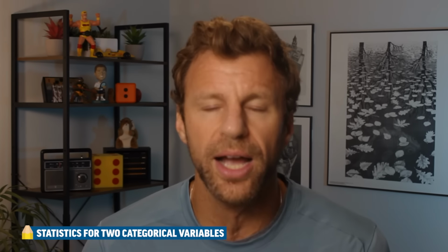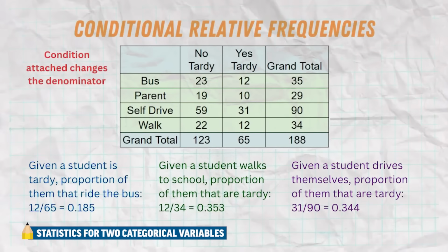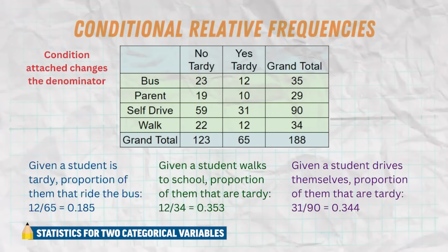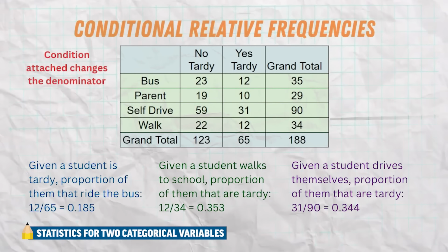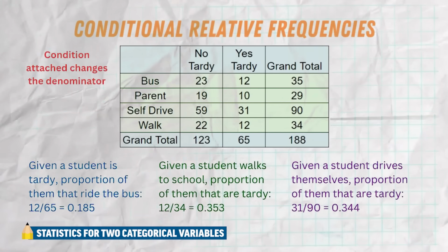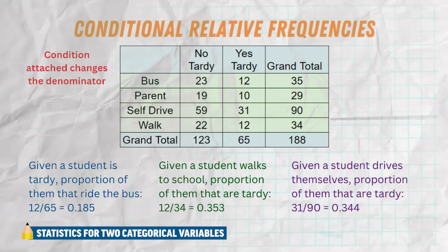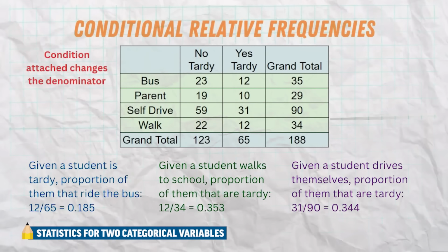There was a condition attached. We know that the student that we're talking about was tardy to school. So our denominator becomes much, much smaller because we're only looking at those students that were tardy. And of those tardy students, how many of them rode the bus to school? So we take how many rode the bus to school and were tardy, and we divide it by the total that were tardy to get our conditional relative frequency.